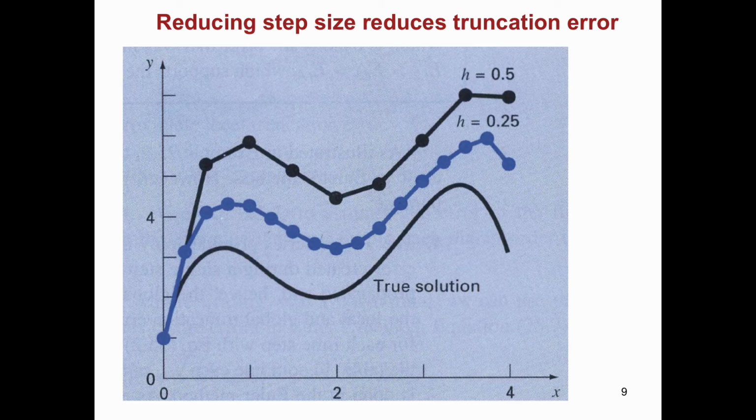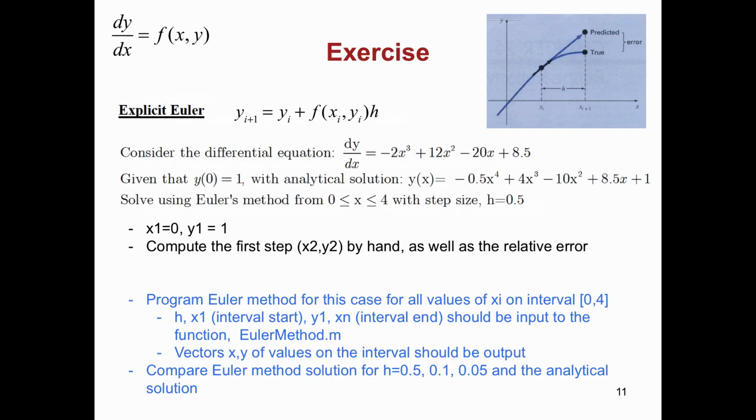Well, my question was, so you go back to the other slide. You have to plug in 1 for the yi. Yes. So 0.5 to the dy dx, and then multiply that by h. Is that how you get y2? Right. So I get y2 is y1, which is 1, plus h, which in this case is 0.5, times f of x1, y1, which in this case is 0, 1.